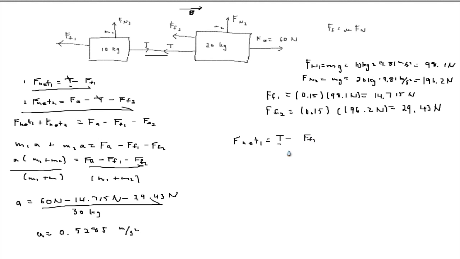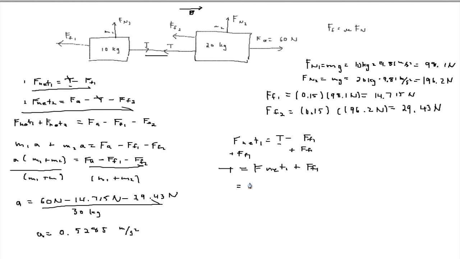So we want to isolate T, so we're going to add force due to friction on mass 1 on both sides. So tension will be equal to F net 1 plus force due to friction on mass 1.